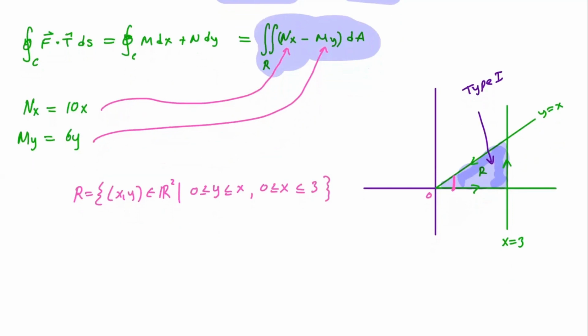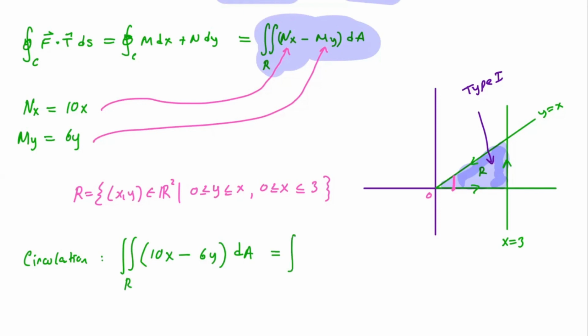If I set up my integral, our circulation for this example using Green's theorem is the double integral over the region R of M sub x, which is 10x, minus M sub y, which is 6y, dA, and we just fixed how we're going to choose dA. We're going to treat it as a type 1.